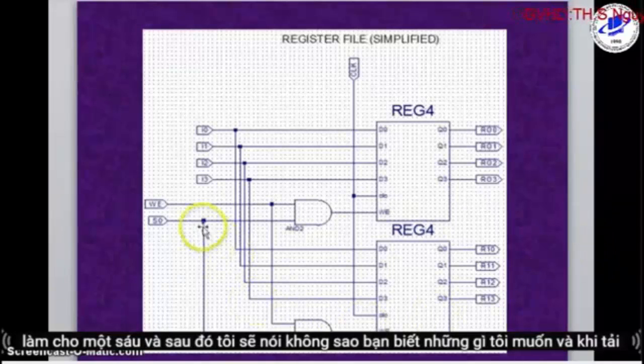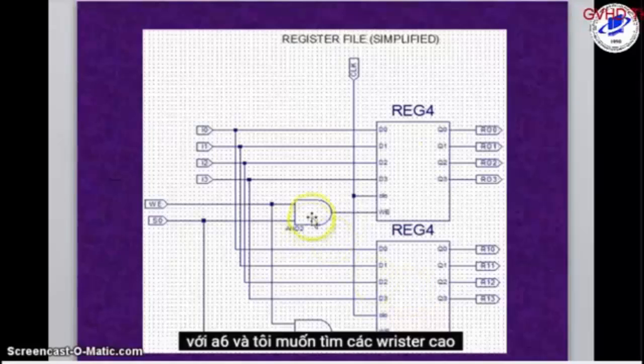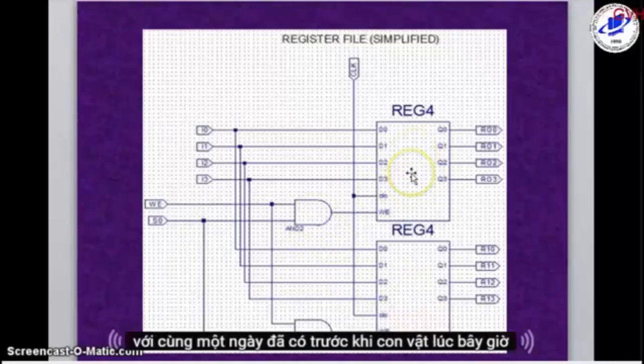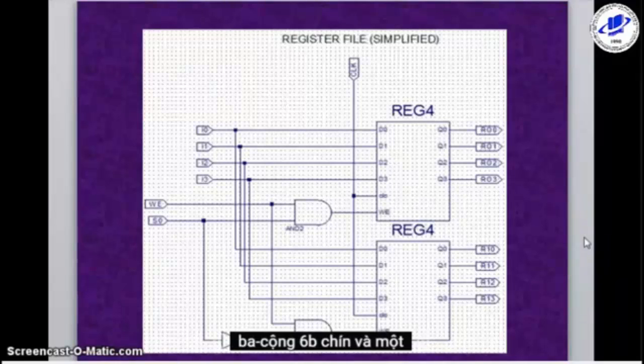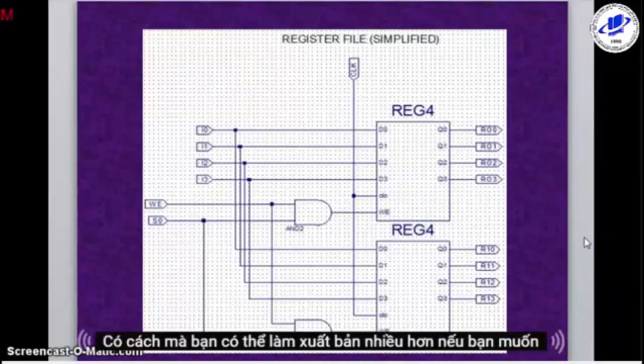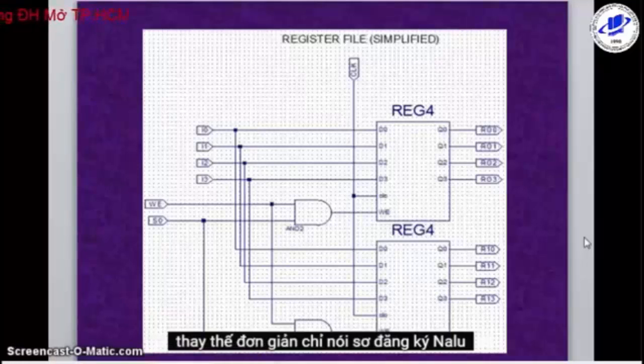Then I would load the lower register with a 6, and load the higher register with the same value I had before, and spit that number to the ALU and add that together. 3 plus 6 would be 9, and that way you can do even multiplication if you want. You can do addition, subtraction, all through the simple use of a register file and an ALU.